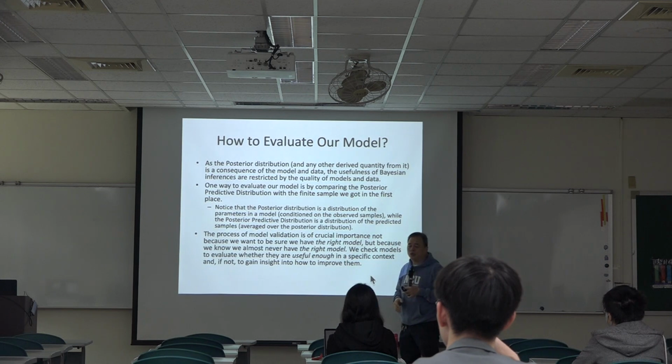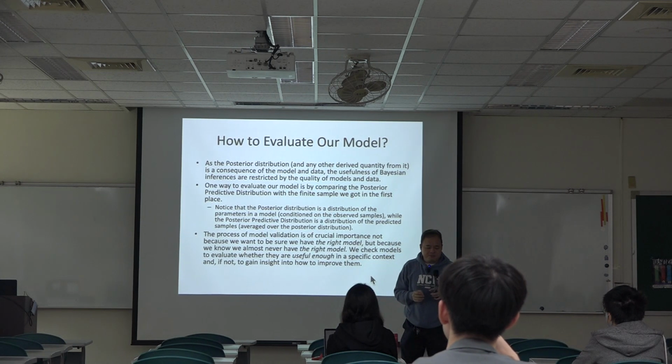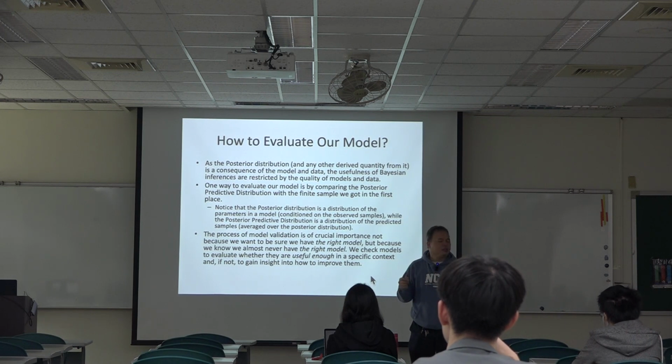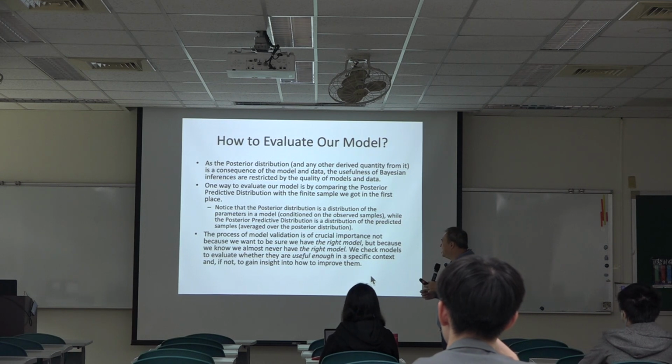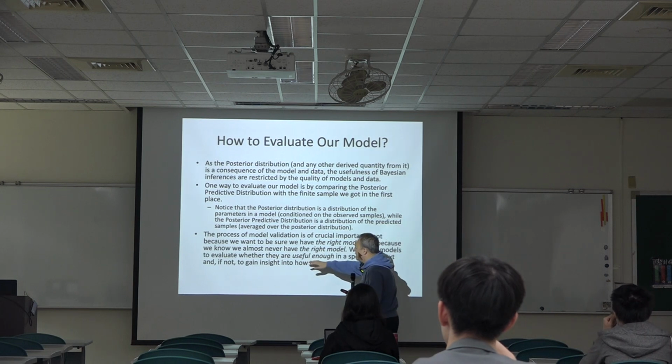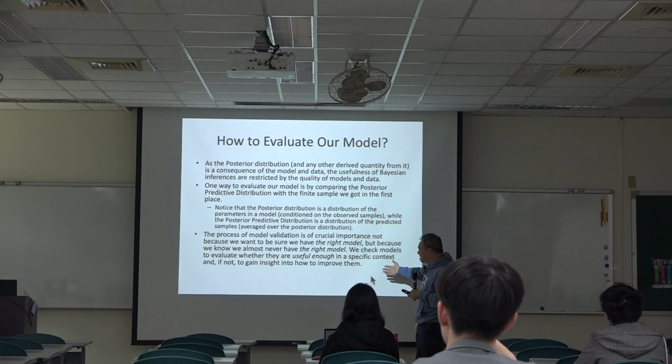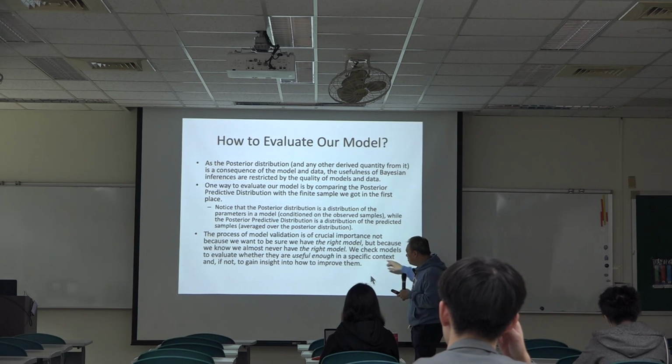A lot of the time, you simplify the process, and the simplification will make your model slightly incorrect anyway, which is demonstrated by the differences between the predicted sample and the observed sample. So we check models to evaluate whether they are useful enough in a specific context.